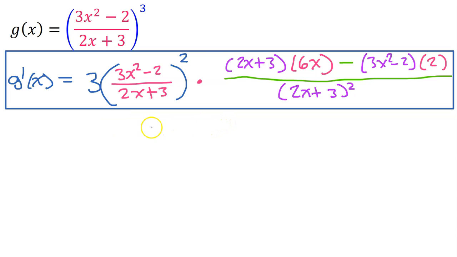If this is a free response question, you can leave your answer in this ugly form. In fact, I would recommend it because why take the chance that you're going to make a careless mistake while you're simplifying? However, sometimes it'll be a multiple choice question and you will have to simplify in order to match your answer. So I am going to simplify this just to show you how that would be done.